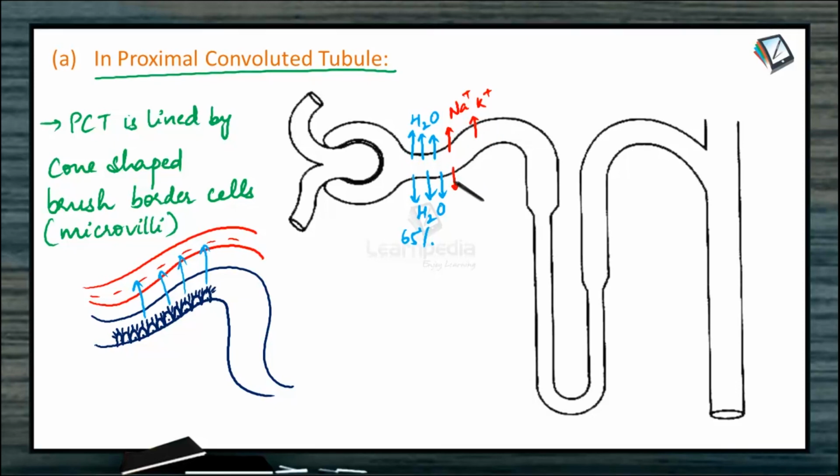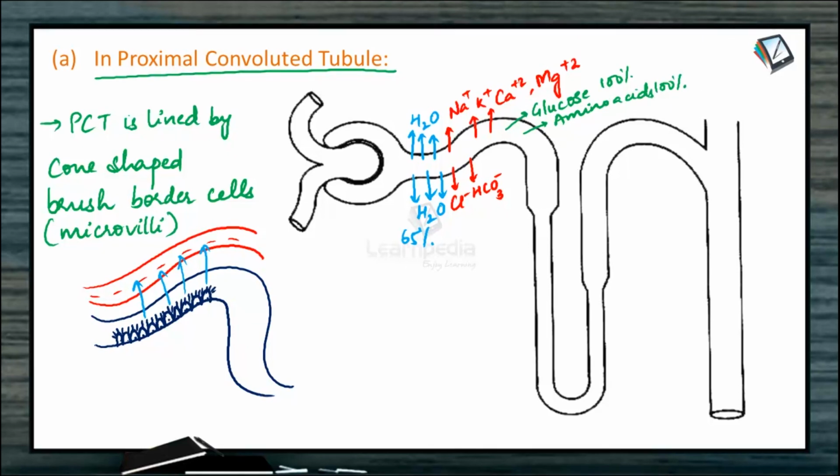Some other ions such as chloride ion, bicarbonate ion, and calcium and magnesium ions are also reabsorbed back into the blood from the proximal convoluted tubule. And the essential substances such as glucose, amino acids are reabsorbed completely, that is 100% of glucose and 100% of amino acids are reabsorbed back into the blood.